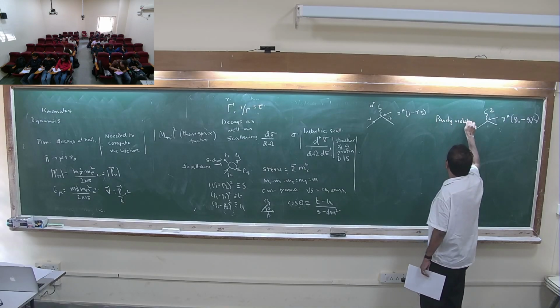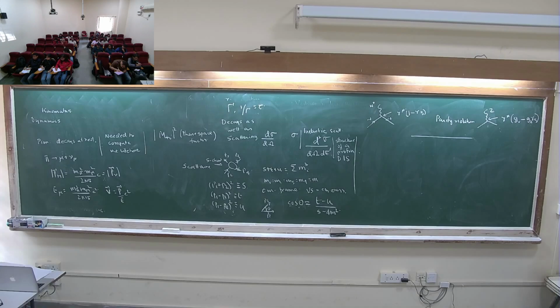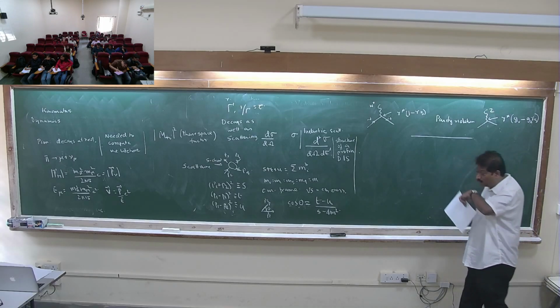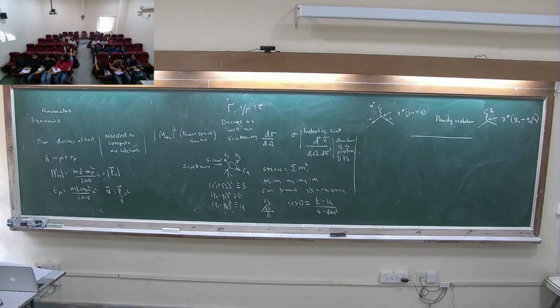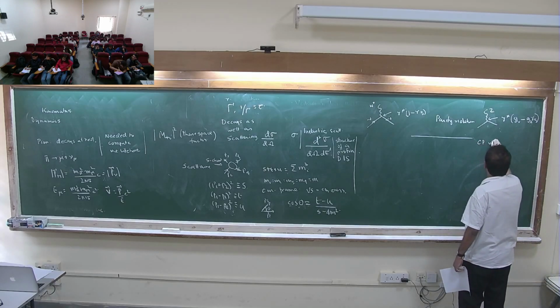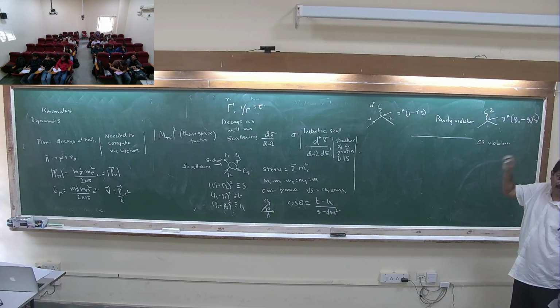But there's one more thing that the weak interaction violates. It was experimentally determined already long ago, more than 60 years ago. And what is that? CP violation. In what system? That is parity violation.